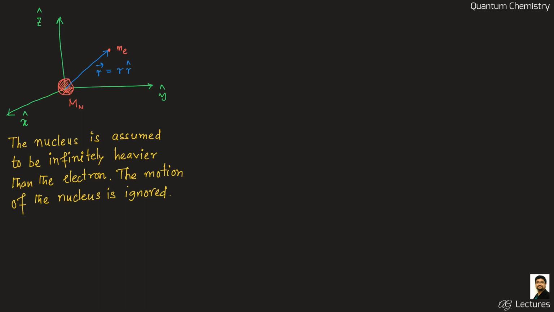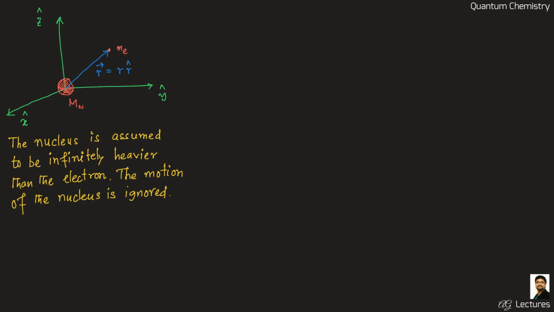So here I have redrawn the coordinate system once again. Now the origin is coinciding with the nucleus, which is assumed to be infinitely heavier than the electron, and therefore all motion of the nucleus is ignored. It is infinitely heavy and static, and it is sitting exactly on the origin of the coordinate system. Therefore this electron is now the only particle in this two particle system which is moving, and its movement can be represented using this position vector r.